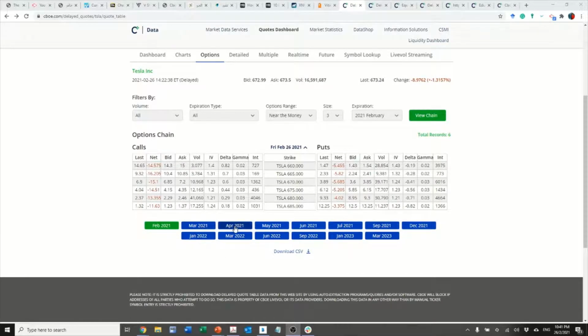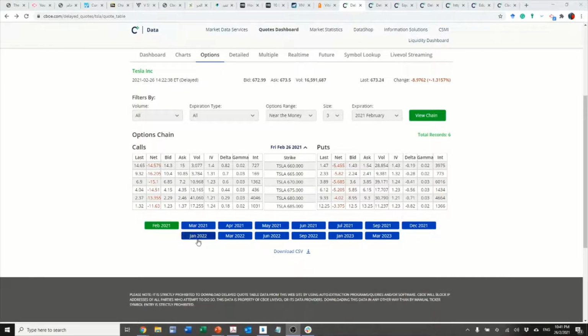Here we see also options with different expiration dates. So there are options on Tesla stock with the expiration in March, April, May, June, and July. Nothing for August, but there is for September. Nothing for October or November, but there is for December.